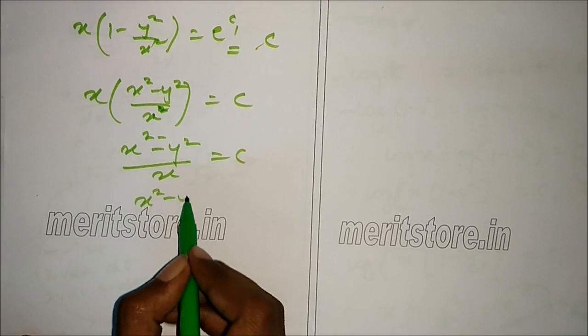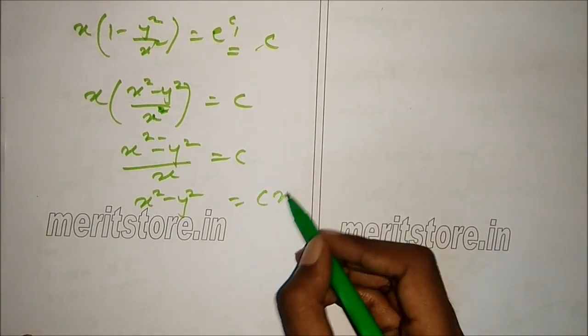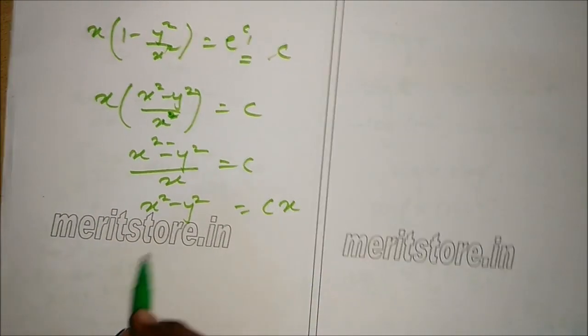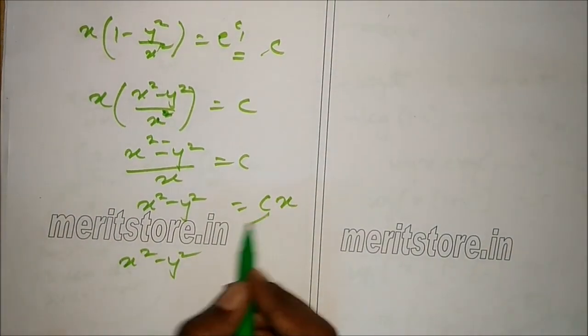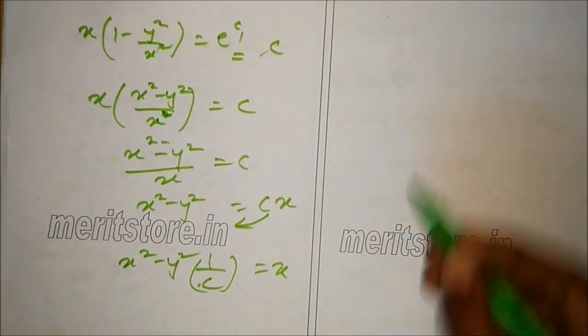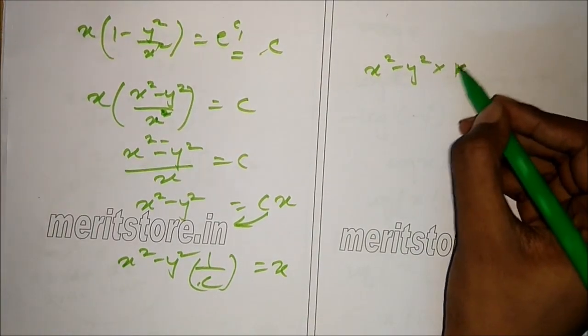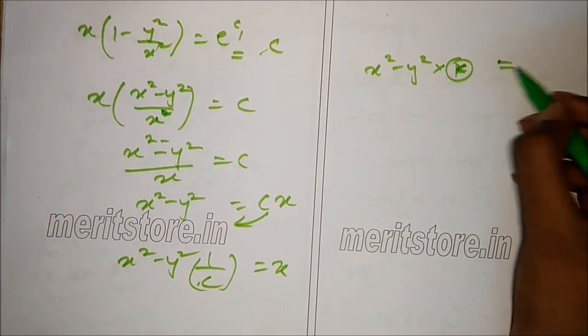So x square minus y square equals cx, or taking 1 by c to the other side, x square minus y square into k, where k is any constant, is equal to x.